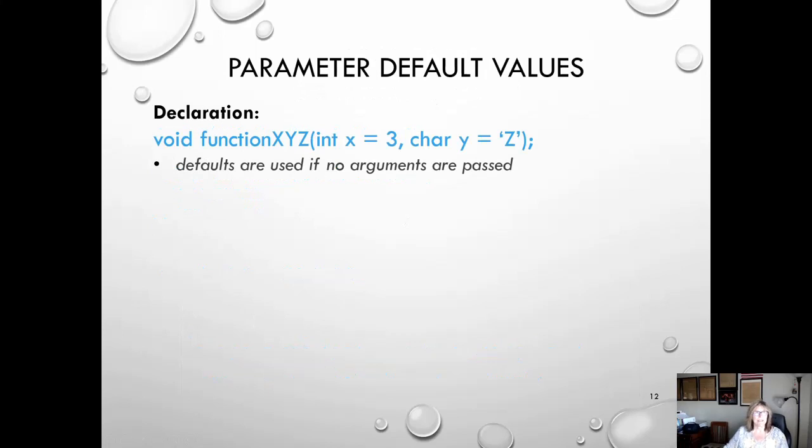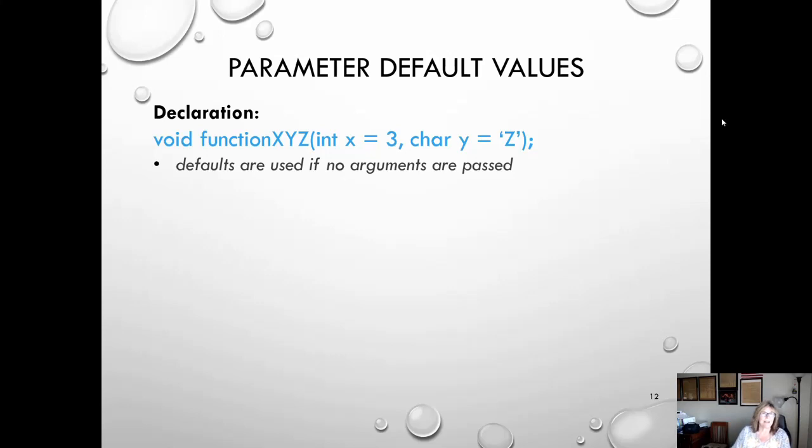All right, now we're going to see that we can also set default values in our parameter list. So this is an example of a declaration, and I have two comma-separated parameters. One is an integer and one is a char, but notice that they are both set or defaulted to something, which means that if the function is called with no parameters whatsoever, these default values will be used.